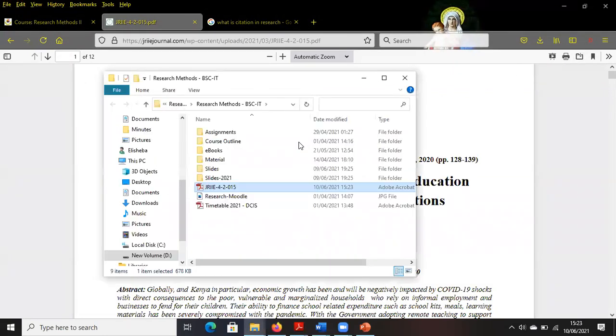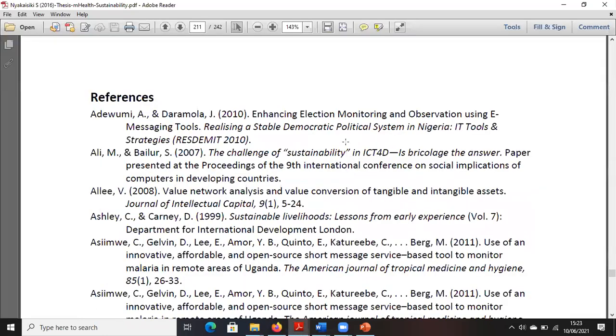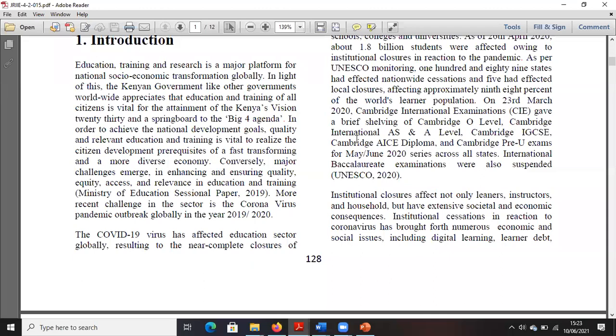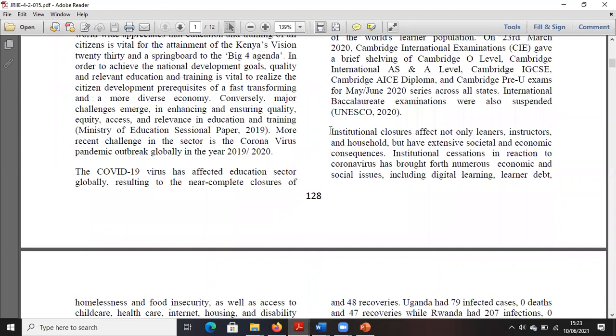Okay. So let us say I'm in Stephen's group and I'm writing something. Then I get something like this. Maybe I come to a point where I say institution closures affect not only learners, instructors, households.